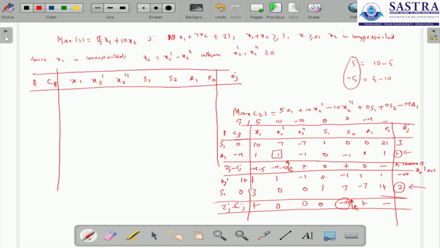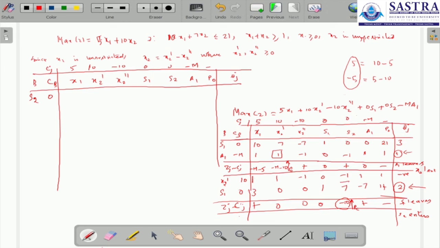Then I will write the cost coefficients available in the objective function, that is already 5, 10, minus 10, then S1 coefficient 0, S2 coefficient 0, then A1 coefficient minus M with a dash here. Now since S1 leaves, what I simply do is I will put S2 here, whose cost in the objective function is 0.